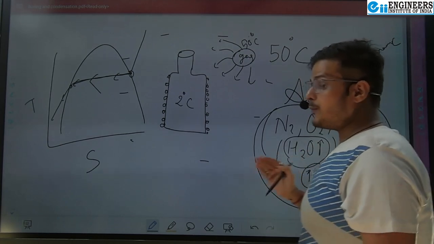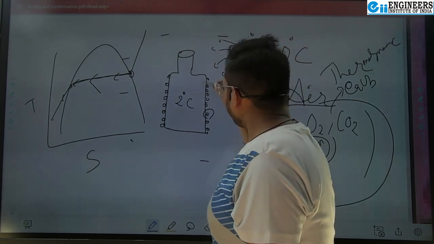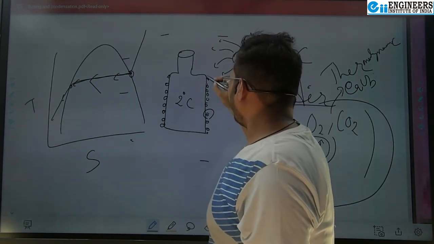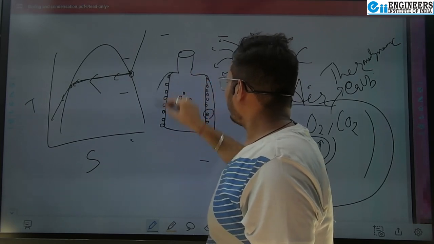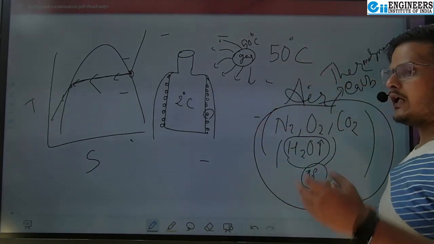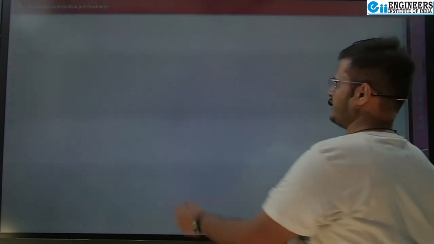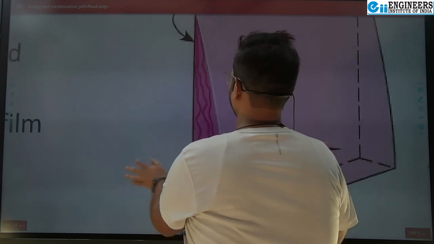So what will be the temperature of this droplet, and whether it will be in a drop manner or in a film manner throughout the periphery of the surface? All these things in detail we are going to study and analyze in this chapter of condensation heat transfer.